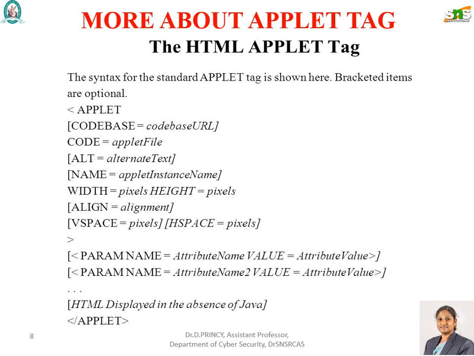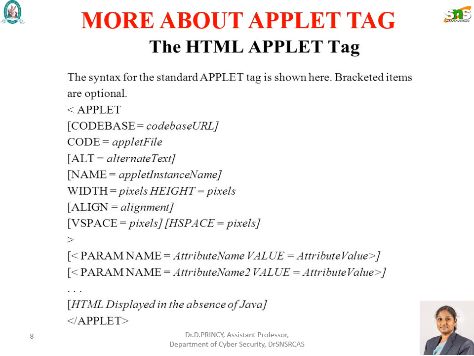Next one is name. This takes the value as the applet instance name. The next attribute is align. This is used to align our results in the applet window. Next, vspace, that is vertical space, and hspace, the horizontal space. Vertically and horizontally, it gives how many pixels we have to leave as the values of the vspace and hspace attributes.